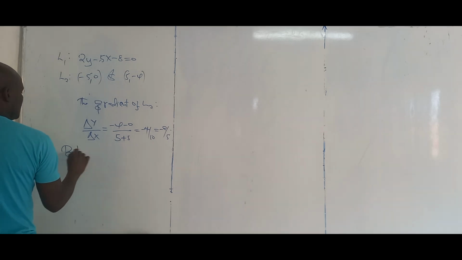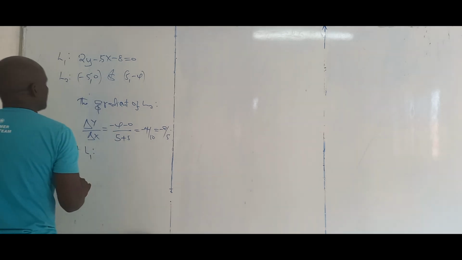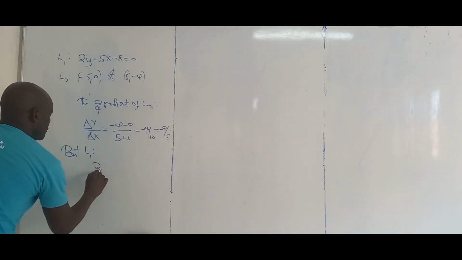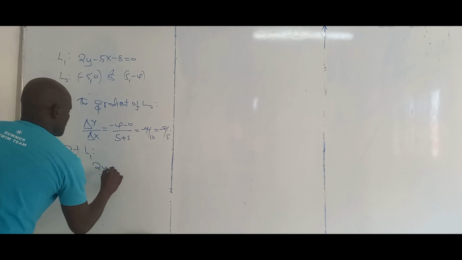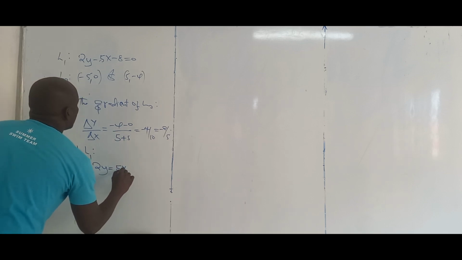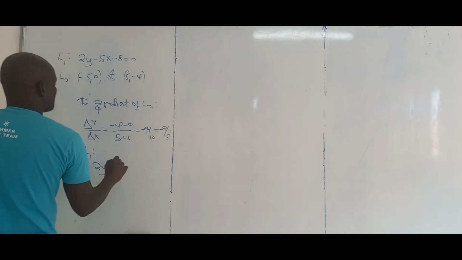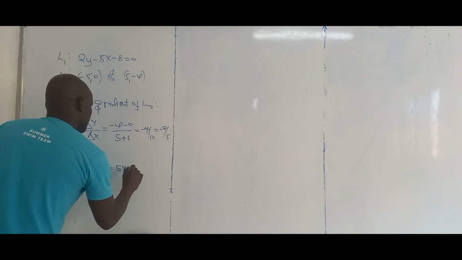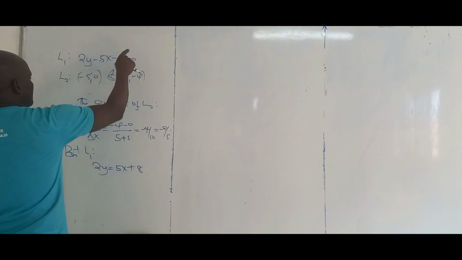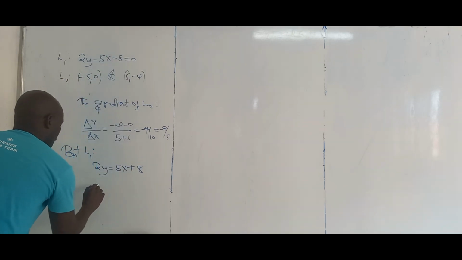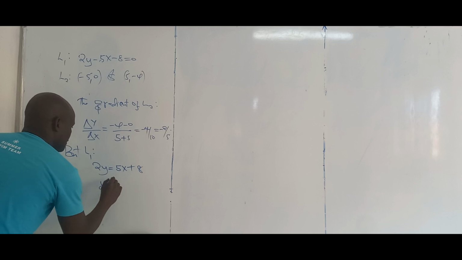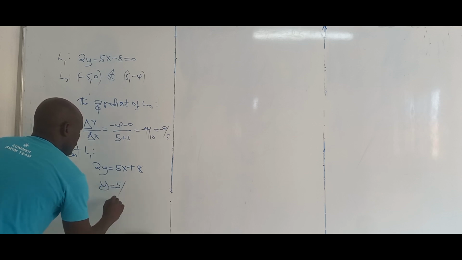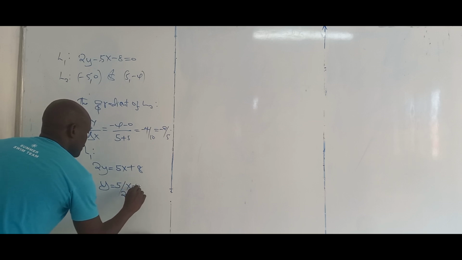L1 can be written in the form 2y is equal to 5x plus 8, if we take everything to the other side. Therefore, y is 5 over 2 x plus 4.